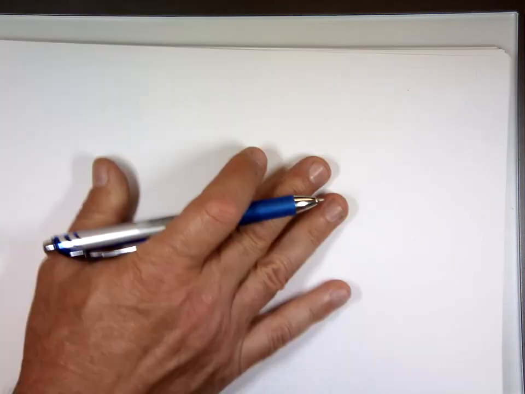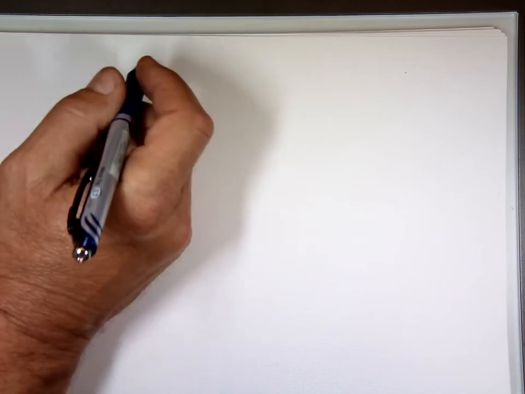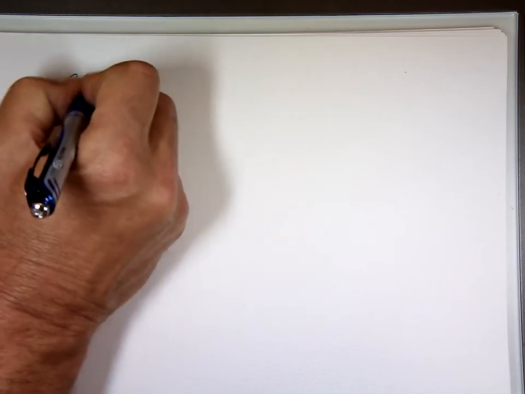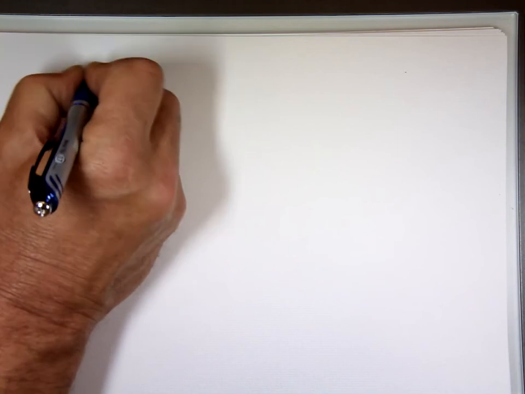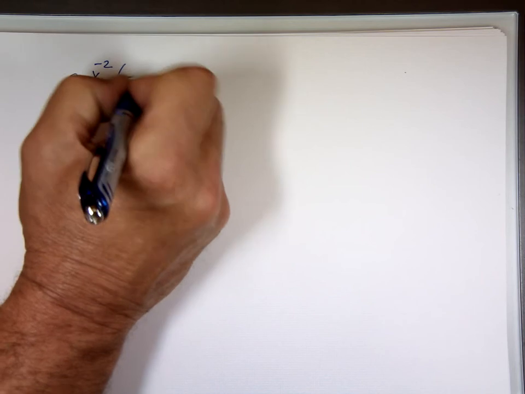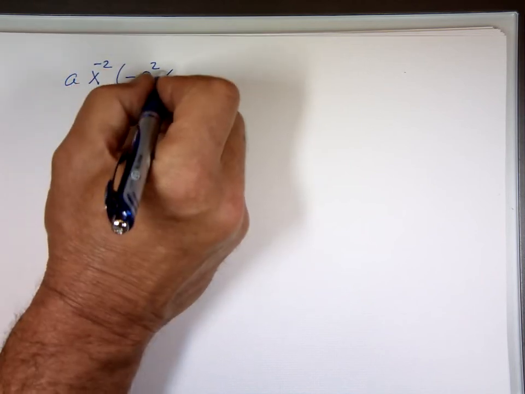Let me try another one. Let me try to find something big in our book. And I don't see anything that big there. This is one of the biggest things that I see. Negative a x to the power of negative 2 times negative a squared x cubed.